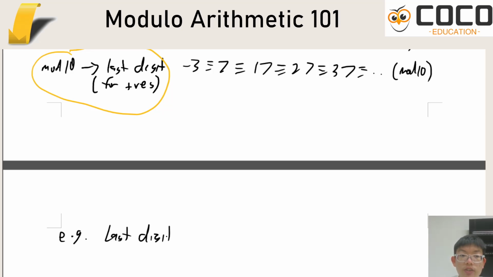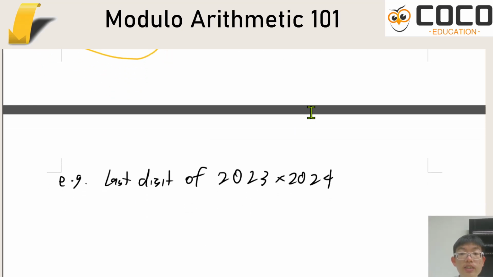For instance, if I ask you for the last digit of 2023 times 2024, almost all of you instinctively know that I just need to care about 3 times 4 is 12, and so the last digit is 2, which you are absolutely right.